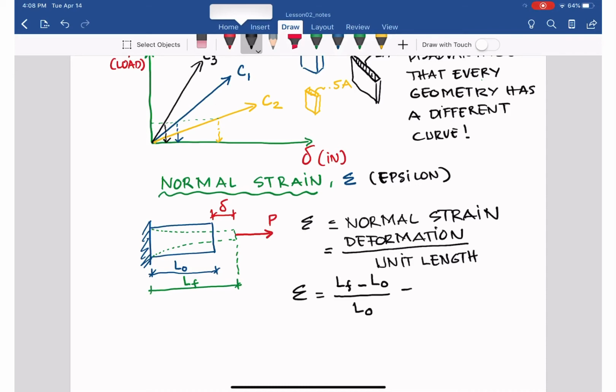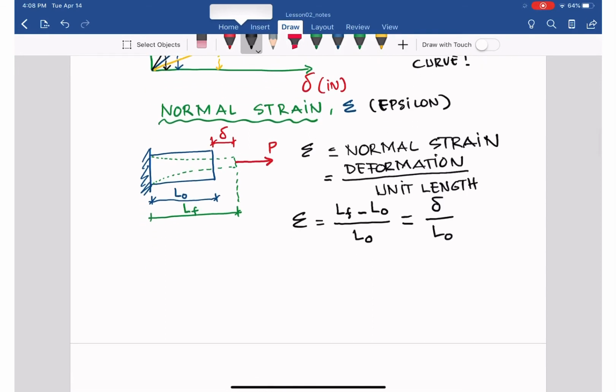The difference between LF and L0 is delta, the deformation, so epsilon equals delta over L0.